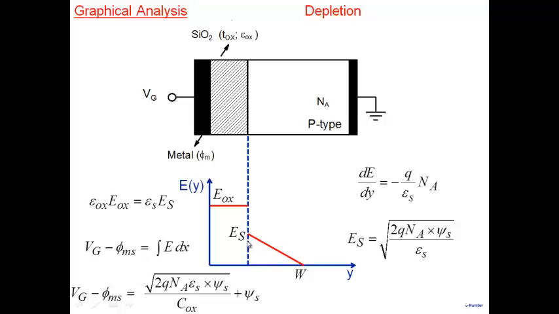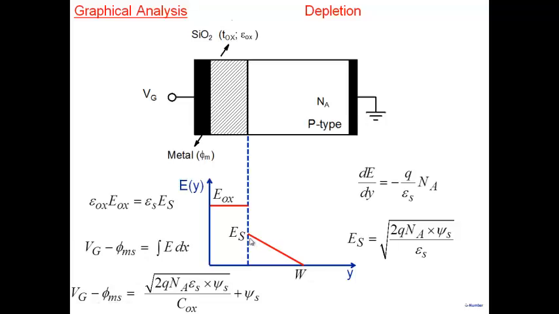So practically you have the same situation as far as the fields are concerned. There is an inversion charge, but it hardly alters the value of the field here. So the same situation prevails at threshold. Threshold is a boundary between depletion and strong inversion.